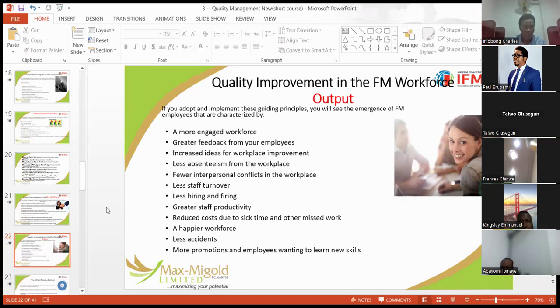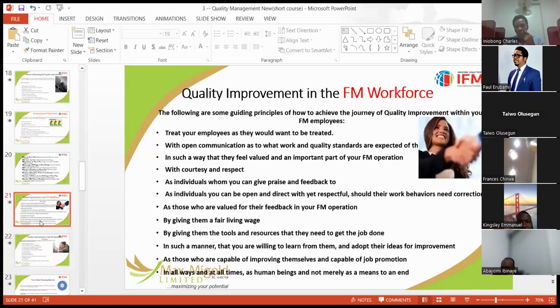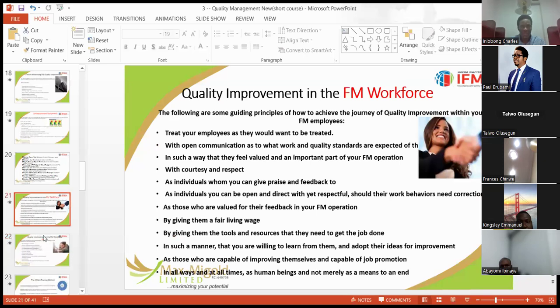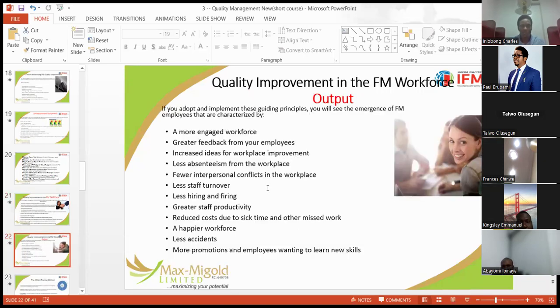When you implement all these quality improvement steps, especially with your workforce, what you achieve by doing all this is a more engaged workforce. Your workers will be giving you better feedback. They won't be hiding things.